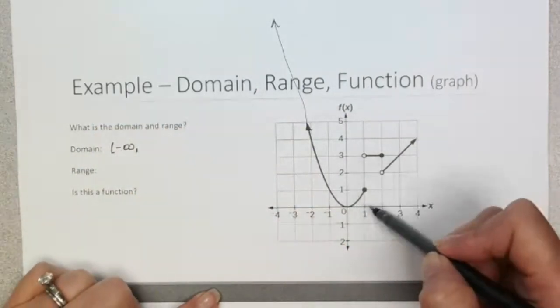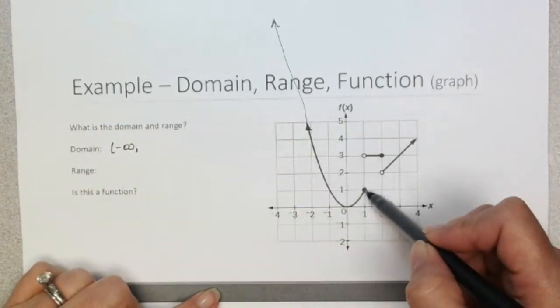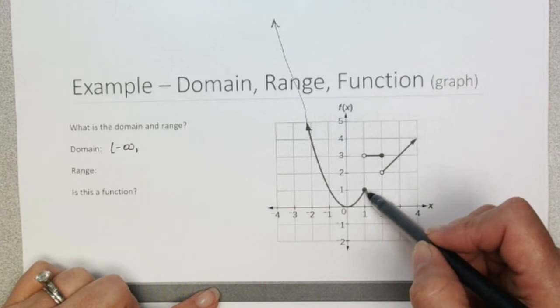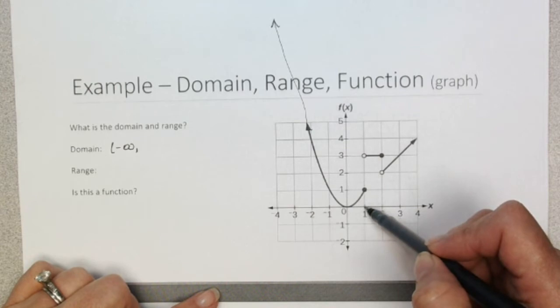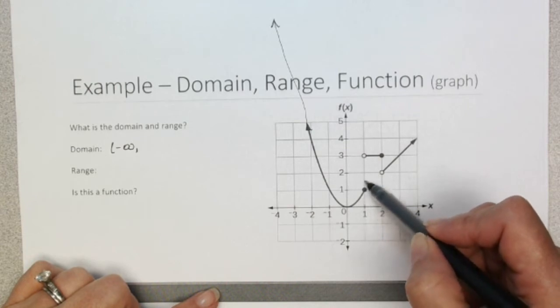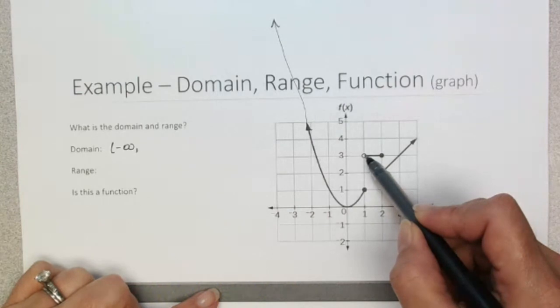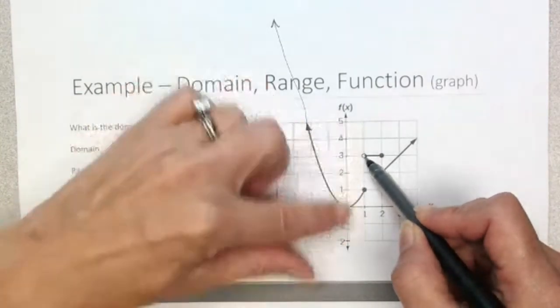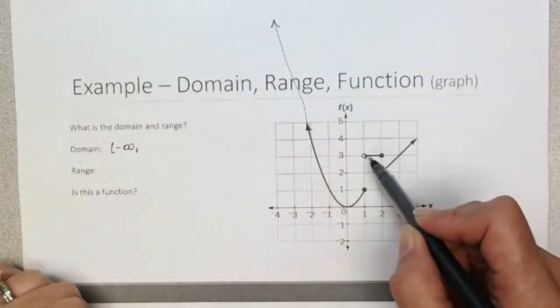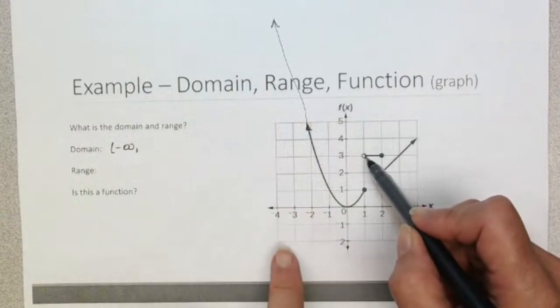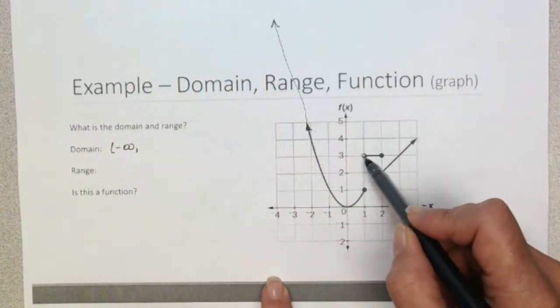And I keep going. It looks like at x equals 1, the graph stops. What about when x is 1.0000001? That is going to occur on this portion of the graph up here. So even though there's a break in the graph, there's no break in the possible x's because it continues right here.